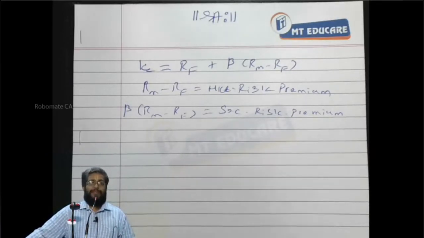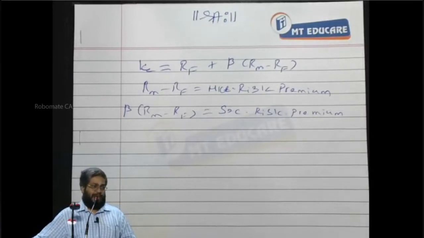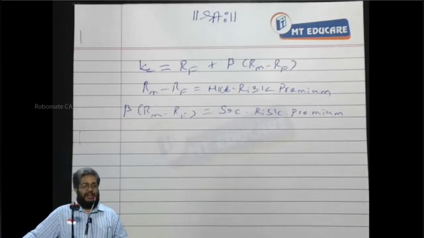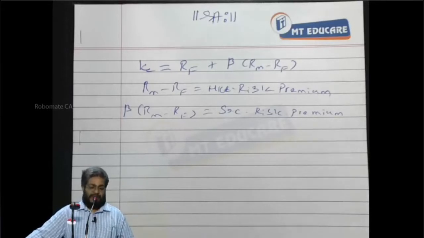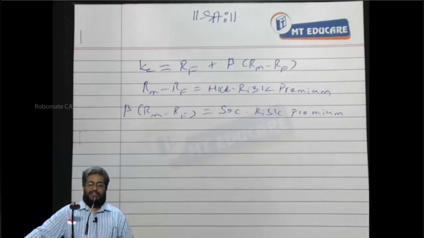Point B. Beta is equal to 2 means when market return varies by 1%, the security return varies by 2%.